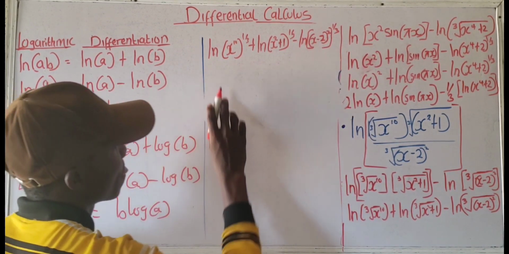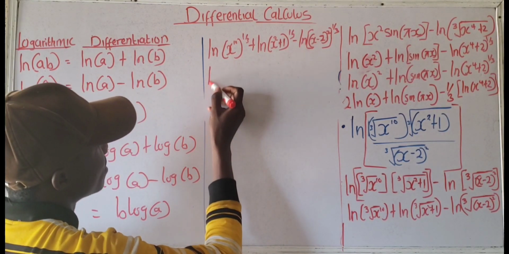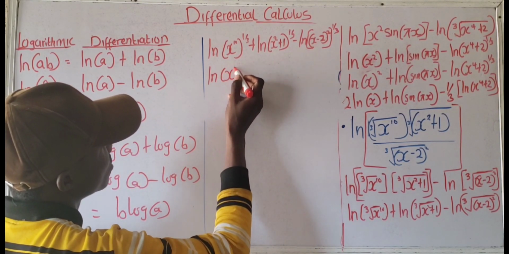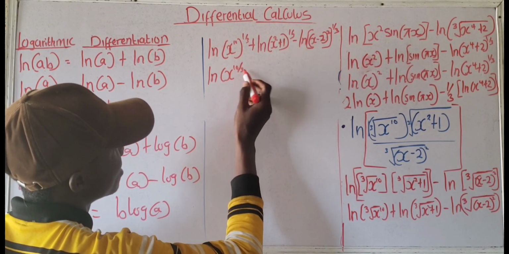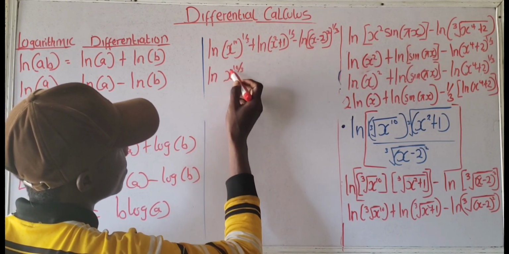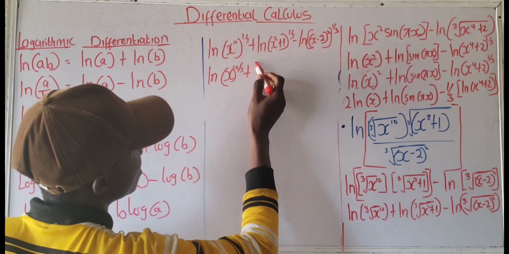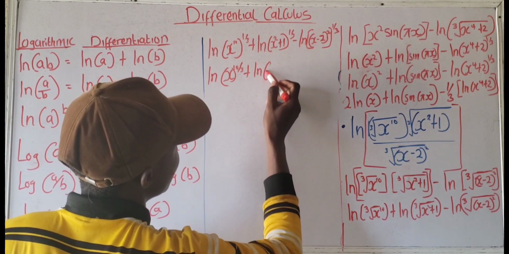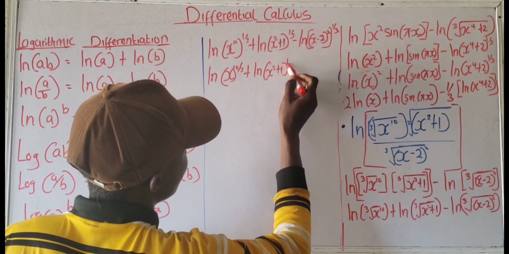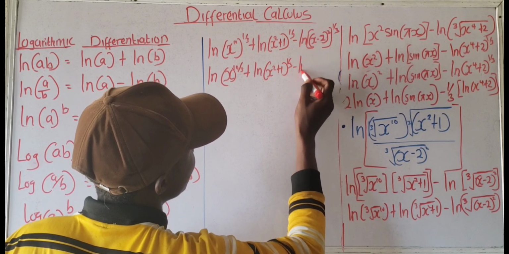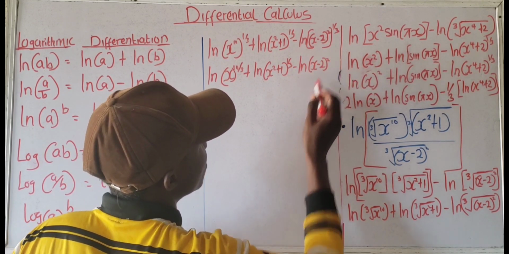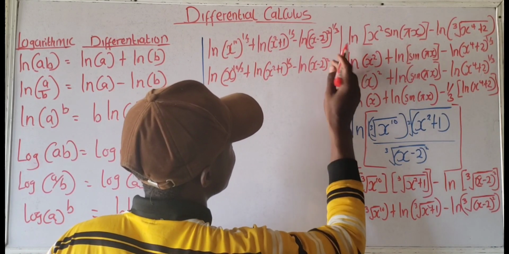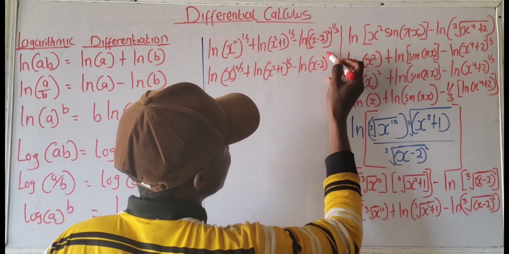Now, for this, I'm going to have ln x raised to the power of 10 over 3, plus ln x squared plus 1 raised to the power of 1 over 3, minus ln x minus 2 raised to the power of 2 over 3.